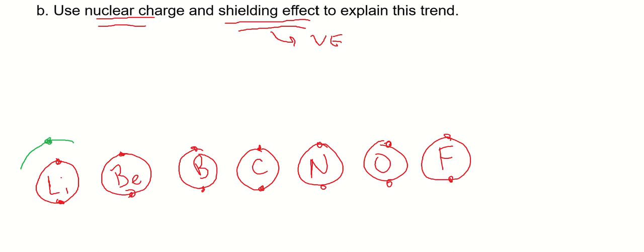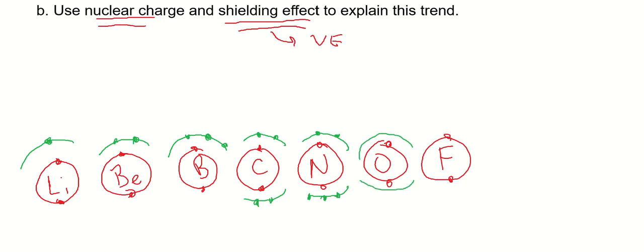There's 1 valence electron there, 2 valence electrons there, boron's got 5 total electrons, so 3 valence electrons, carbon's got 4 valence electrons, nitrogen has 5 valence electrons, and oxygen has 6 valence electrons.